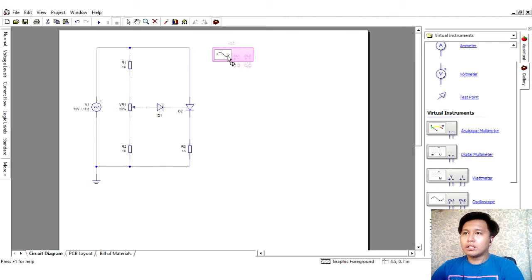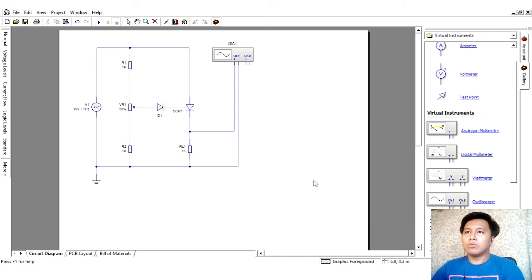We will connect the positive pin of the oscilloscope to the positive pin of the load resistor, and the negative pin of the oscilloscope to the negative pin of the load resistor. We will label R3 as RL1, and label the thyristor as SCR1.